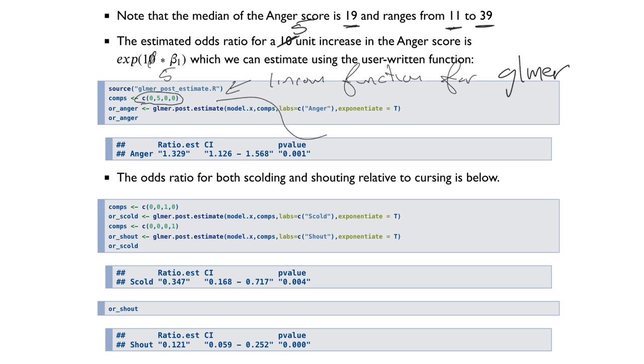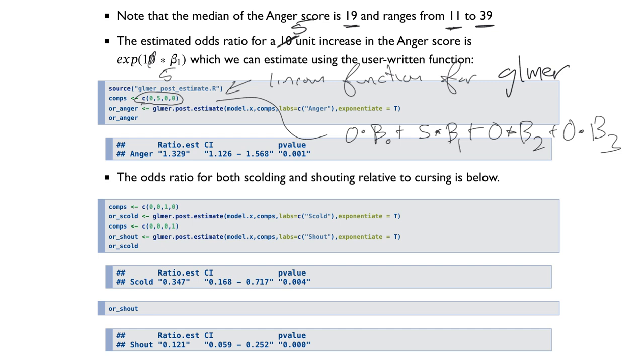So this is the same as doing 0 times beta 0 plus 5 times beta 1 plus 0 times beta 2 plus 0 times beta 3. And that corresponds to a 5 unit change in anger, keeping the other things fixed, essentially.